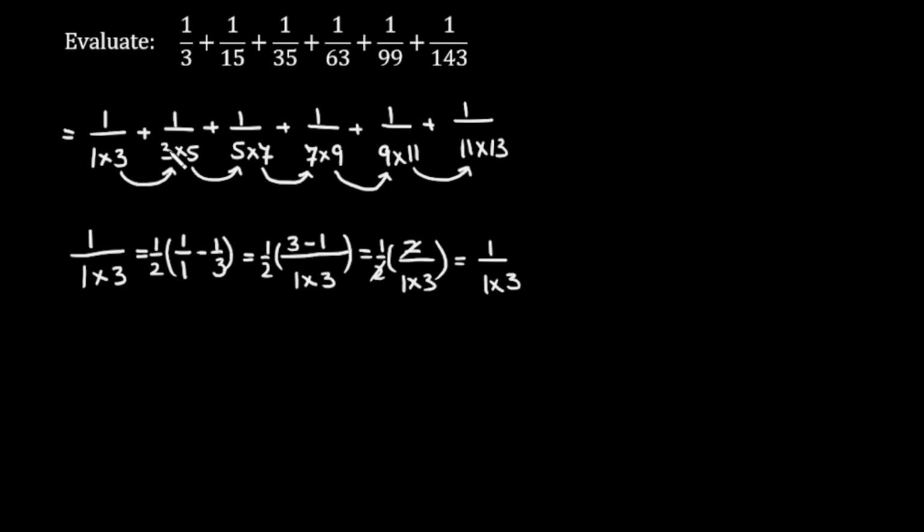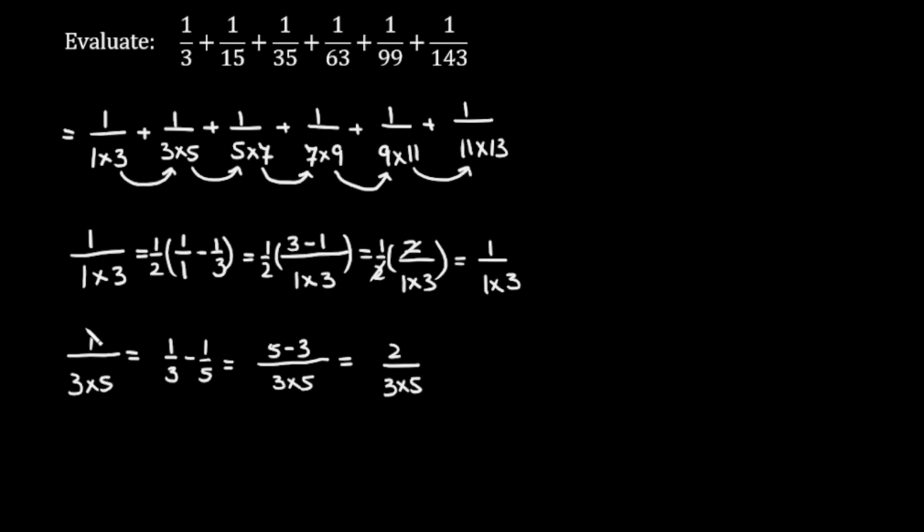Suppose I am taking the next term. So this is 1 over 3 times 5. This can be written as 1 over 3 minus 1 over 5. This is equal to, 3 times 5 is the LCM, 5 minus 3. So this is 2 over 3 times 5.